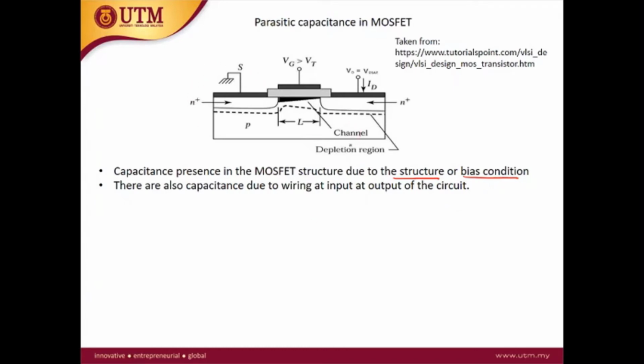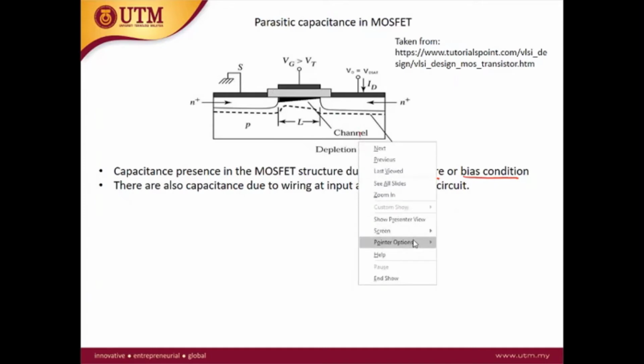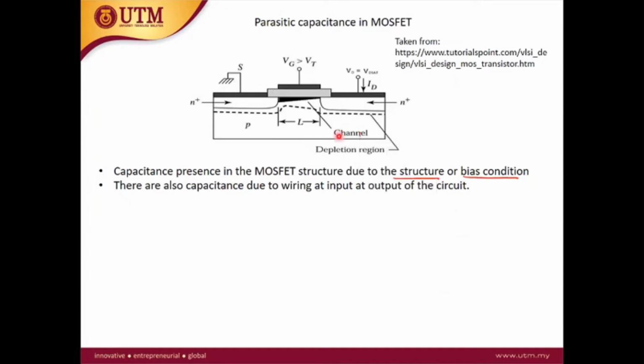If you see this device structure, this is the device structure of the N-channel E-MOSFET. We have here the source, the drain, and then the gate.